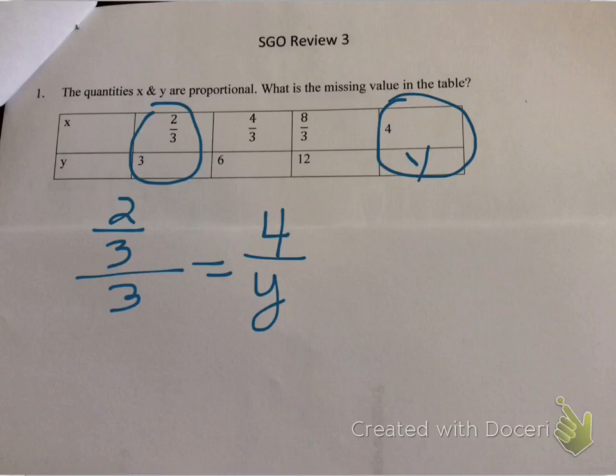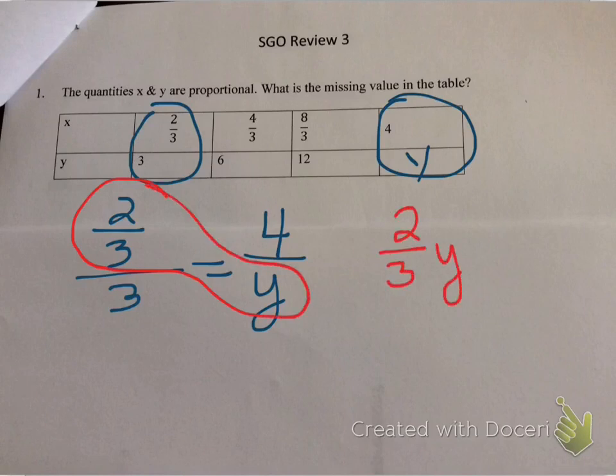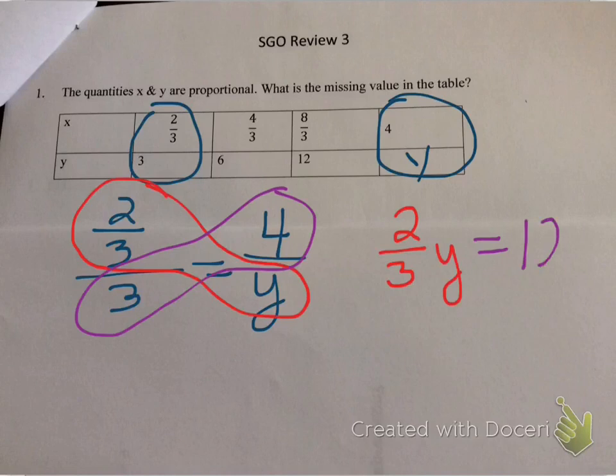Use your cross products property. I'm going to multiply 2/3 times y, which is 2/3 y, and I'm going to multiply 4 times 3, which is 12. Solving my one-step equation, 2/3 y equals 12.